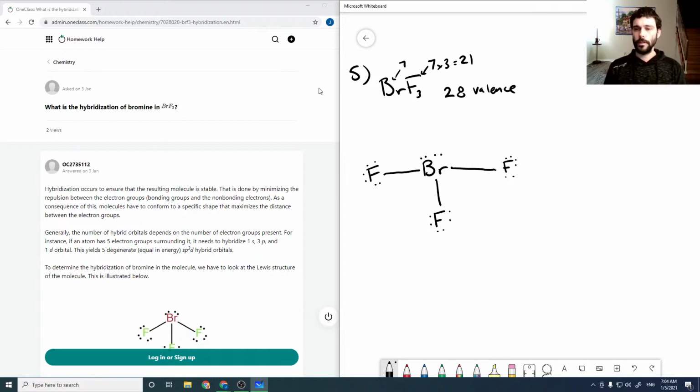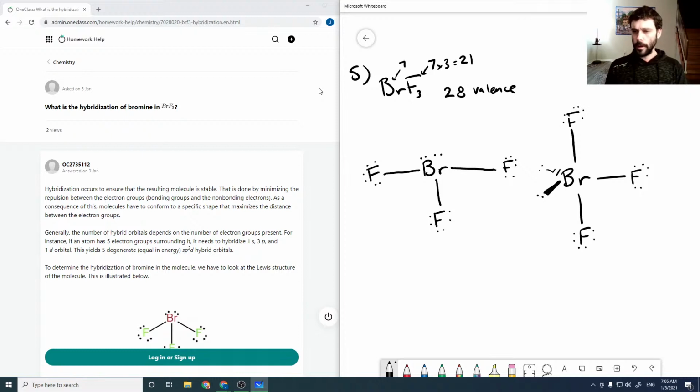So there's all our valence, so that looks good. If we draw this, I'm going to put the lone pairs out here, coming out of the page and into the page, and then our fluorines. So this is a T-shaped molecule.